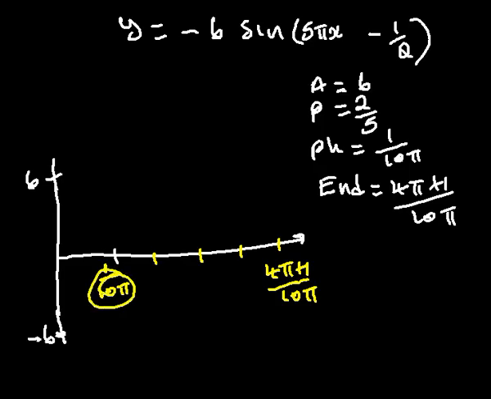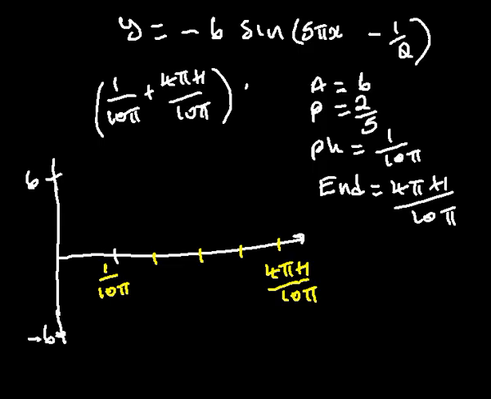So have the average of the two values. So that corresponds to 1 over 10 pi plus 4 pi plus 1 divided by 10 pi, times half.